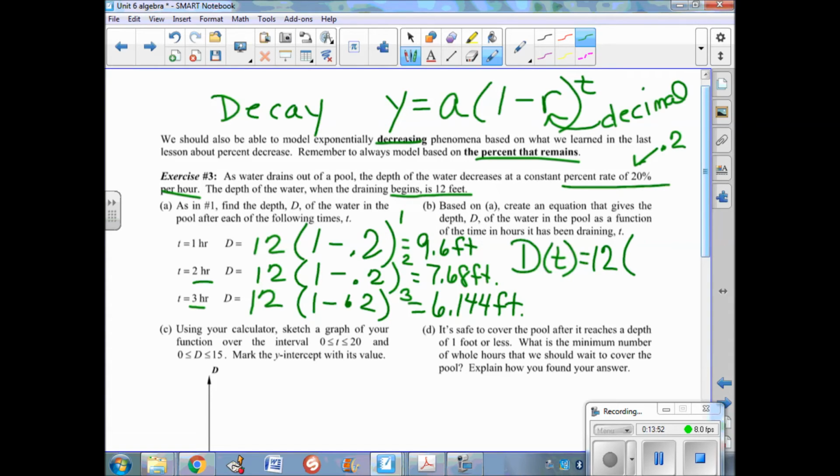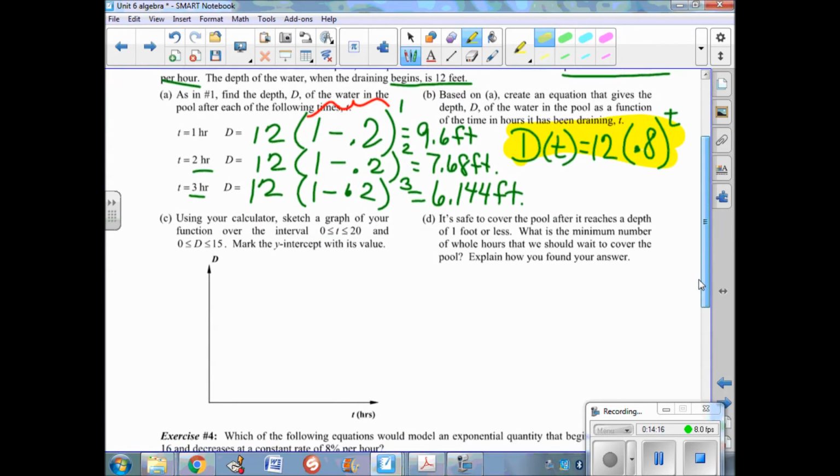And if I were to simplify what's inside those parentheses, 1 minus 0.2, I'm pretty sure you guys are cool with 0.8. And it's raised to the time t. So that's our formula that I bet as we get down further, they're probably going to ask us to sketch it maybe or use it for any time to see what the depth of the pool is.